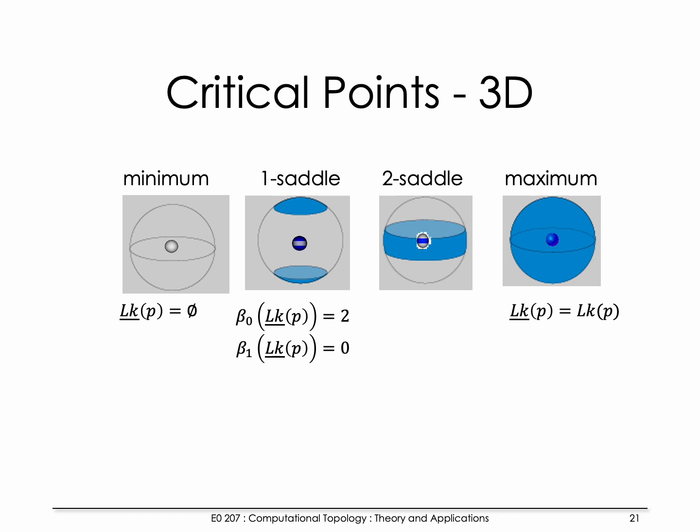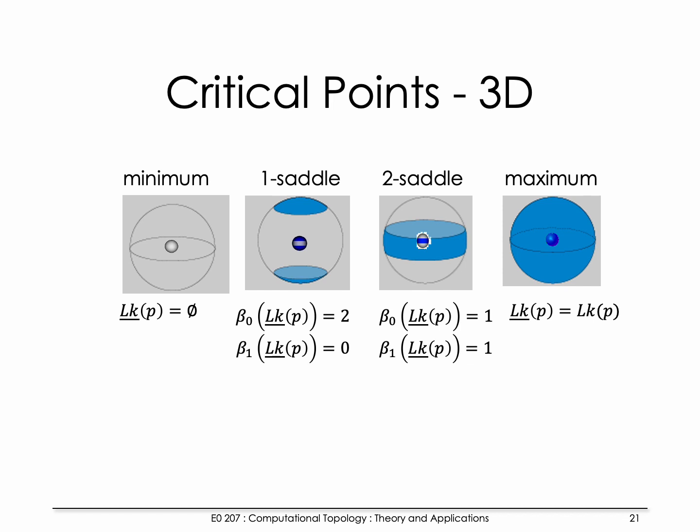So Betti 0 of the lower link is going to be 2, Betti 1 is 0. Whereas for a two saddle, the lower link looks like an annulus. So the Betti 0, the number of components, is 1, and Betti 1 of the lower link is also 1, because there is a tunnel, a single tunnel.